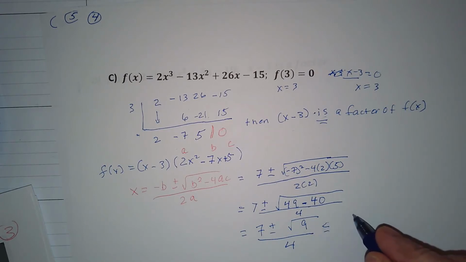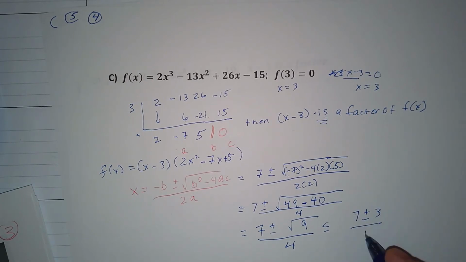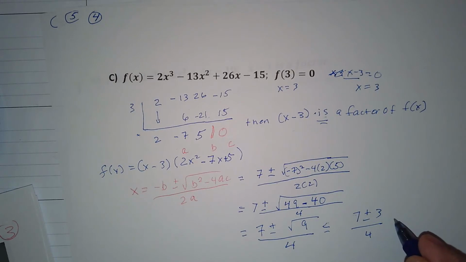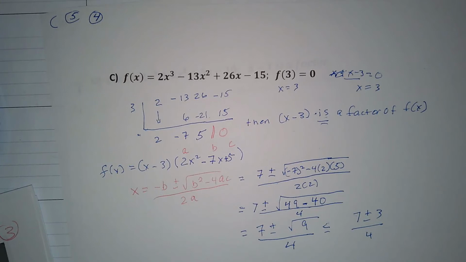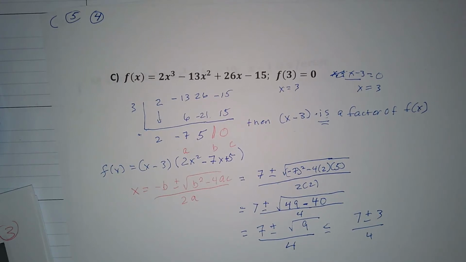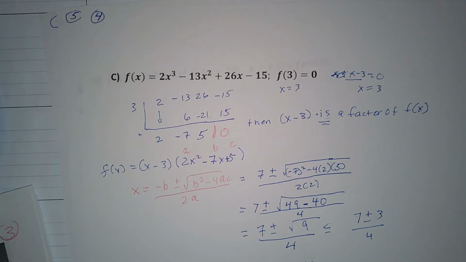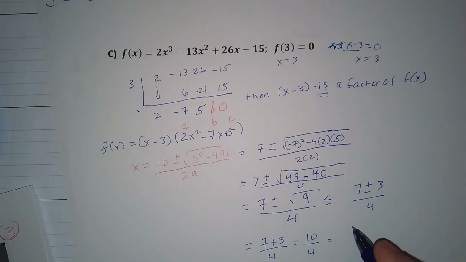So let's do it this way. 7 plus or minus 3, all divided by 4. And so I'm going to get two solutions. I'll get 7 plus 3 divided by 4, which equals 7 plus 3 is 10, divided by 4, which simplifies to 5/2.